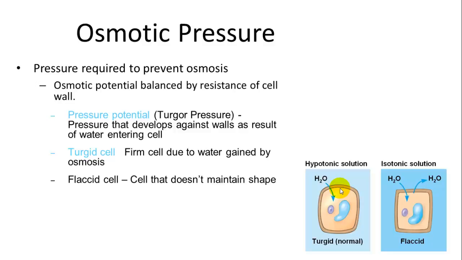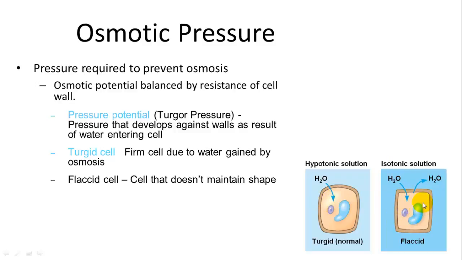And then if you do not have enough osmotic pressure, the cell will become flaccid or loose, no longer taut and tight on the edges. Okay, so that will happen if you are in an isotonic or a hypertonic solution, where the water going in will match the water coming out, and so there's nothing to push against the cell wall.